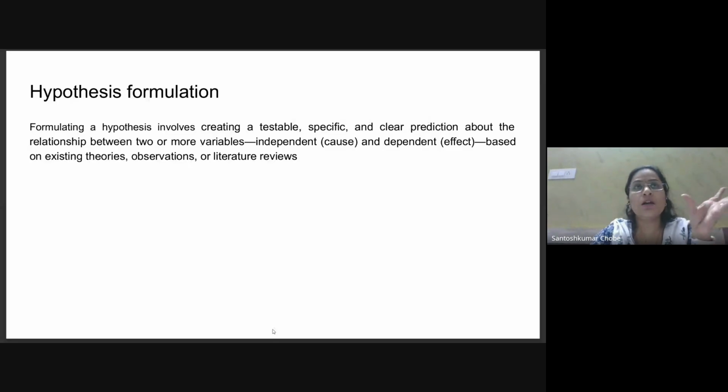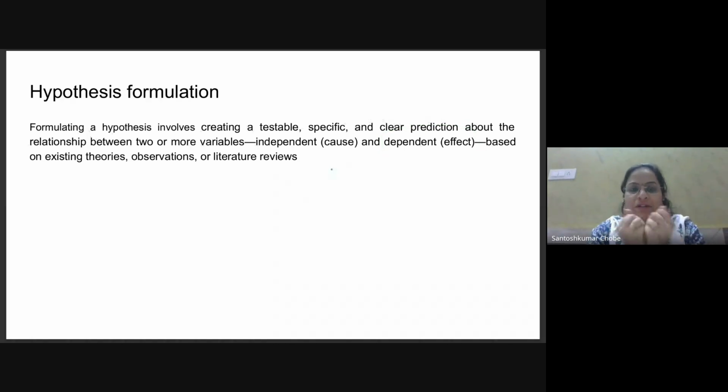And then we have hypothesis formulation. What do you mean by hypothesis formulation? Formulating a hypothesis involves creating a testable, specific, and clear prediction about the relationship between two or more variables. Among these variables, we have the independent variable, which is called the cause, and the dependent variable, which is called the effect. What are cause and effect?